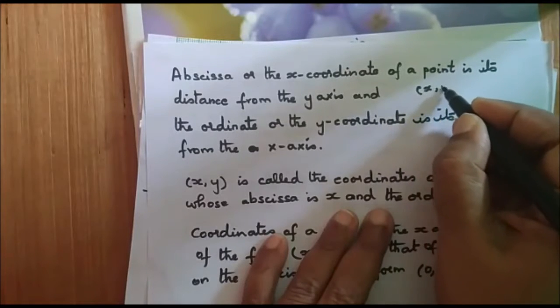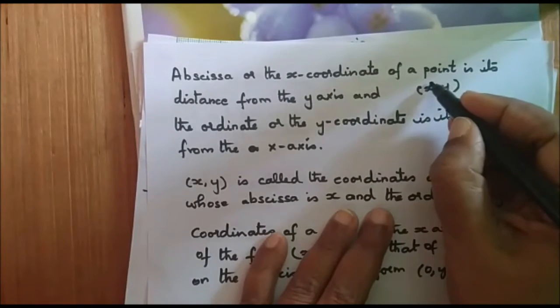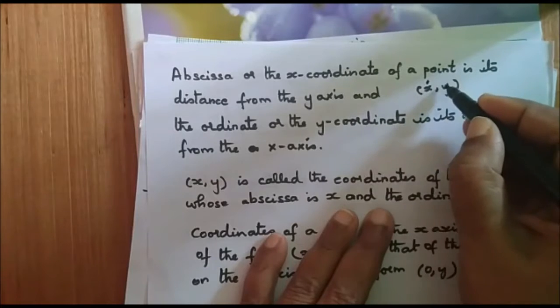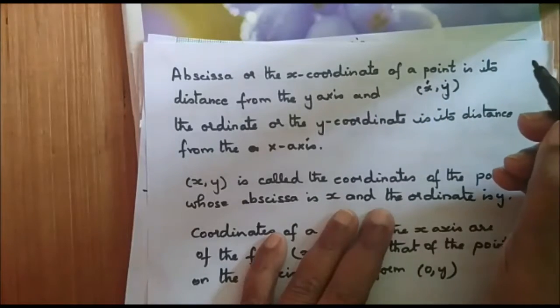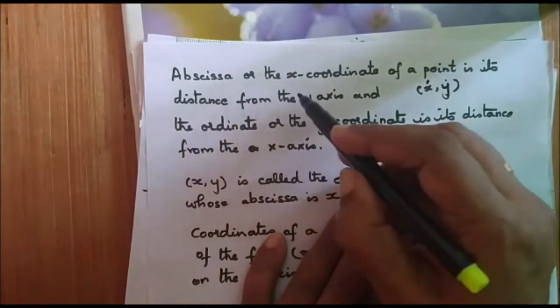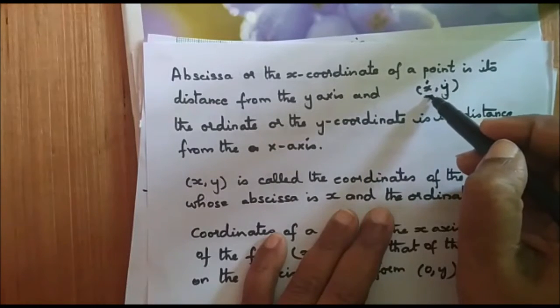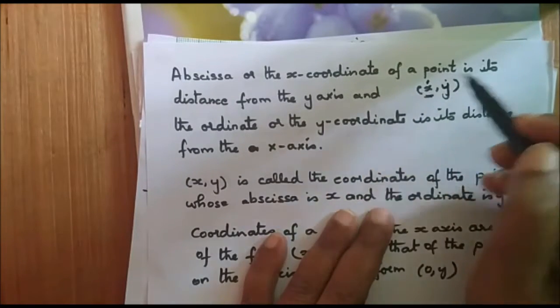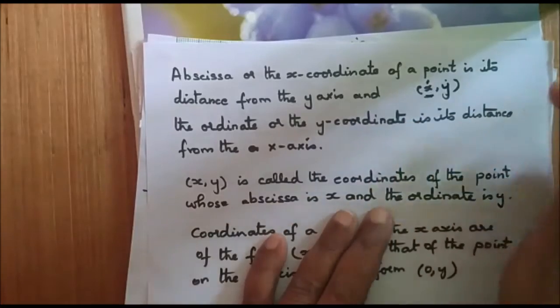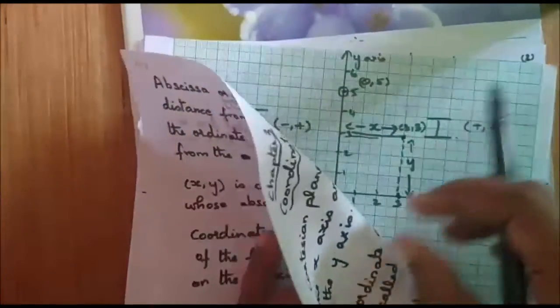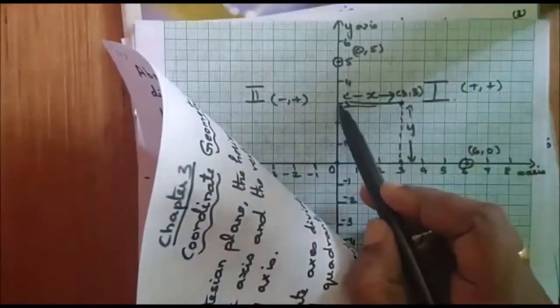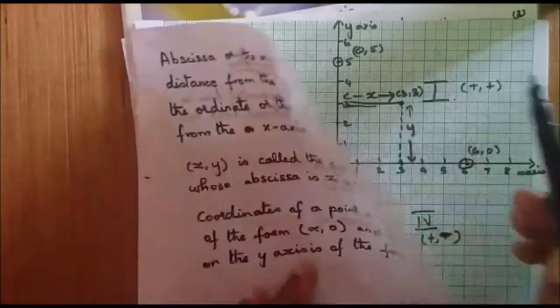It is denoted by (x, y). This x is called the abscissa and y is called the ordinate. So the abscissa, the x coordinate of a point, is its distance from the y-axis. We saw this now, isn't it? This is the distance from the y-axis.